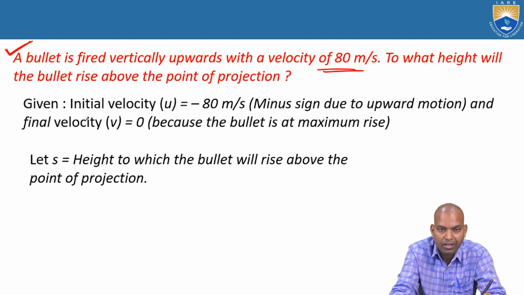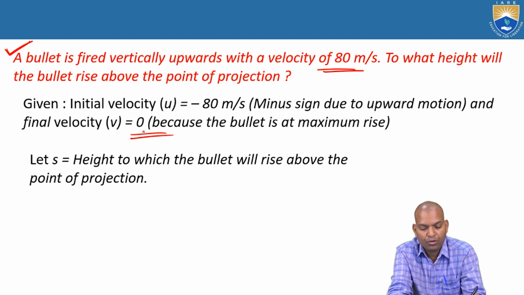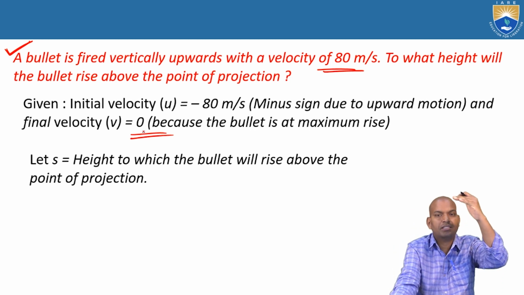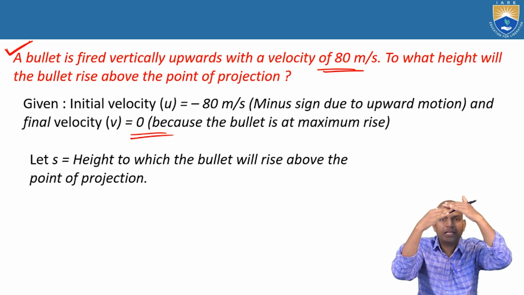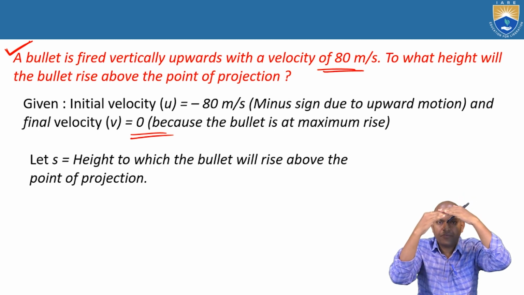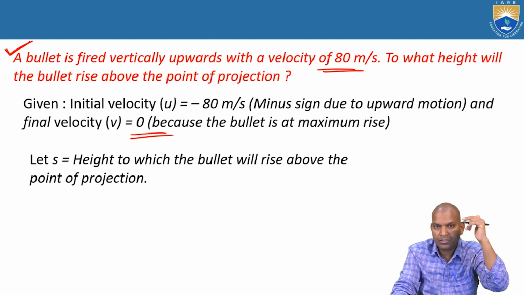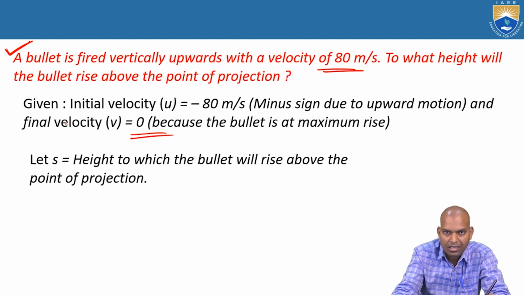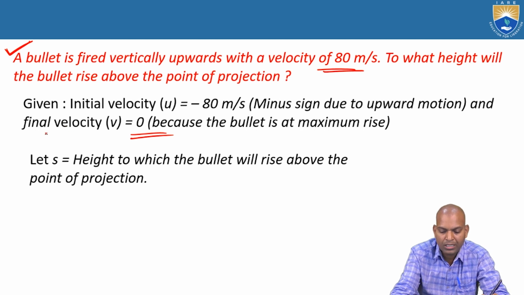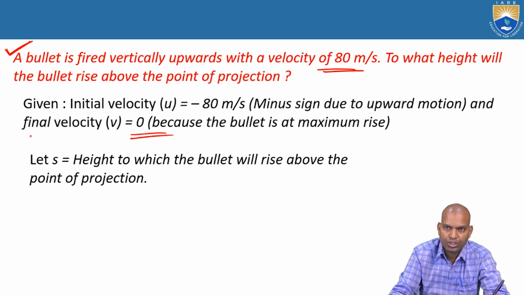Here the initial velocity u is minus 80 meters per second, the minus sign due to the upward motion again, and the final velocity v equals 0, because at that point it reaches the maximum height. After reaching the maximum height, the final velocity momentarily becomes 0 and it comes back. Now s is the height to which the bullet will rise above the point of projection.